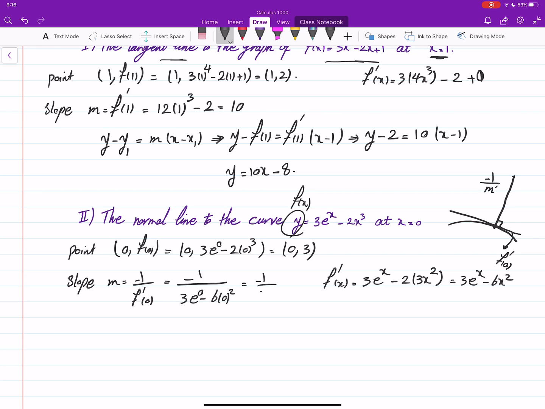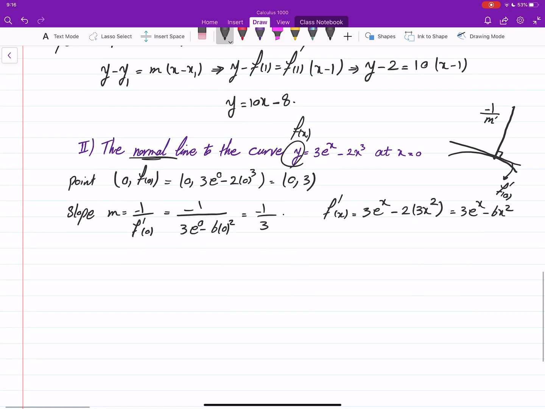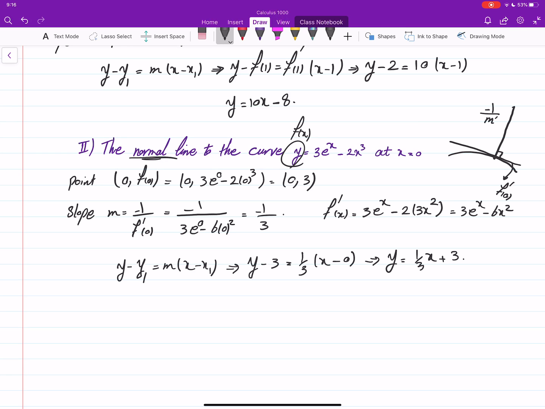It's negative 1 over 3. This is the slope of the normal line. So y minus y1 equals m times x minus x1. Here's y minus 3 equals negative 1/3 times x minus 0. So that gives us y equals negative 1/3 of x plus 3.